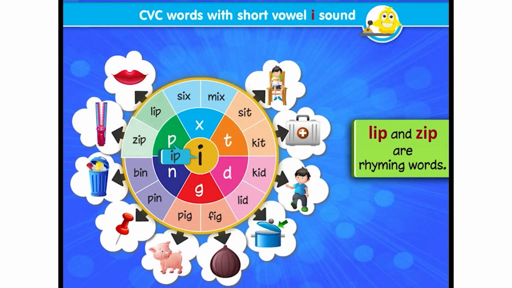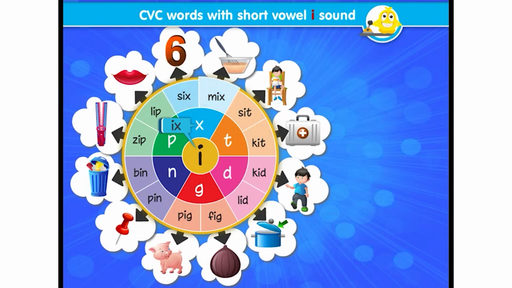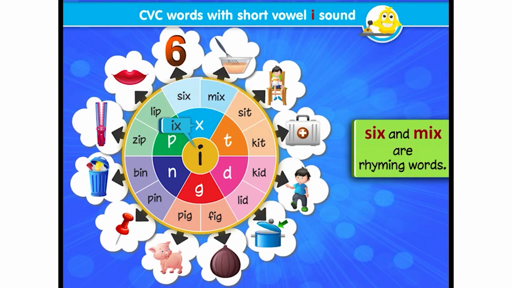Lip and zip are rhyming words. I and X makes ix, as in six and mix. Six and mix are rhyming words.